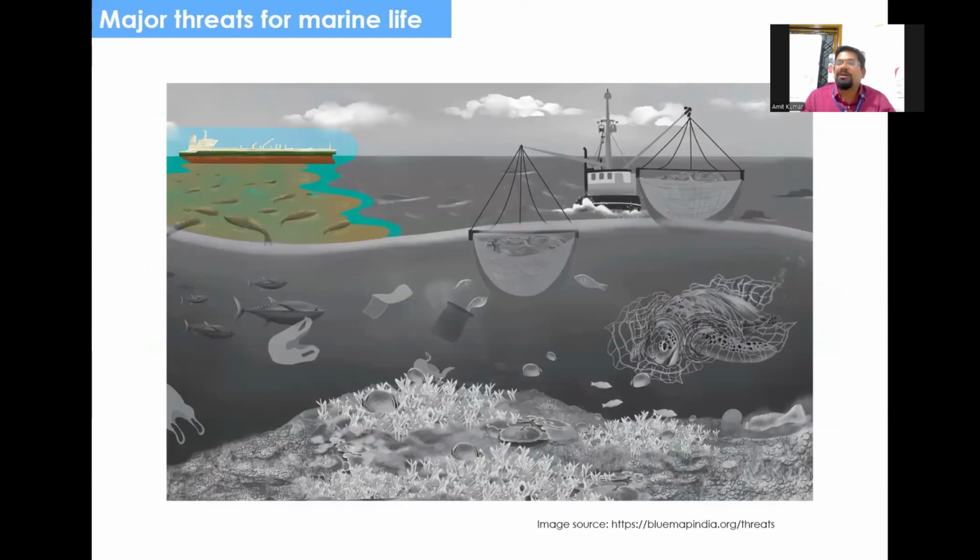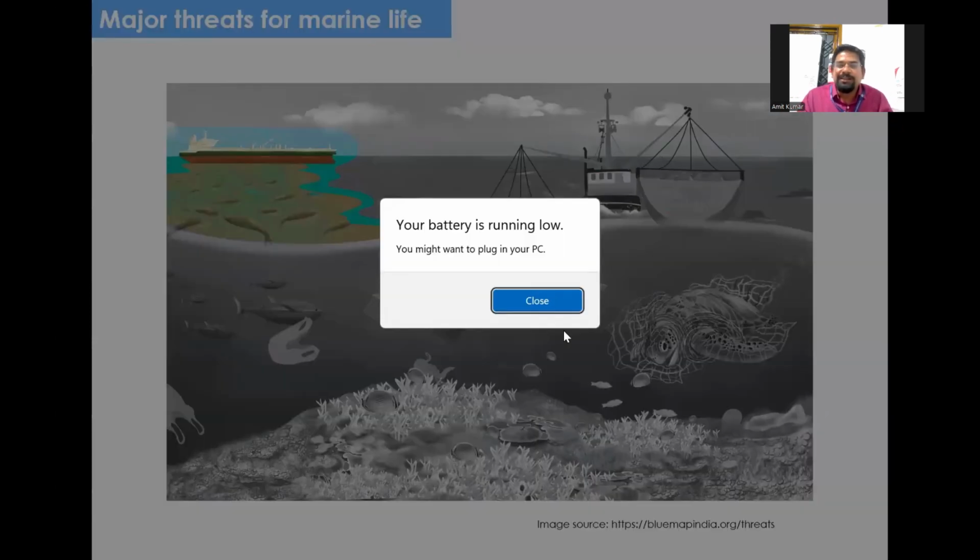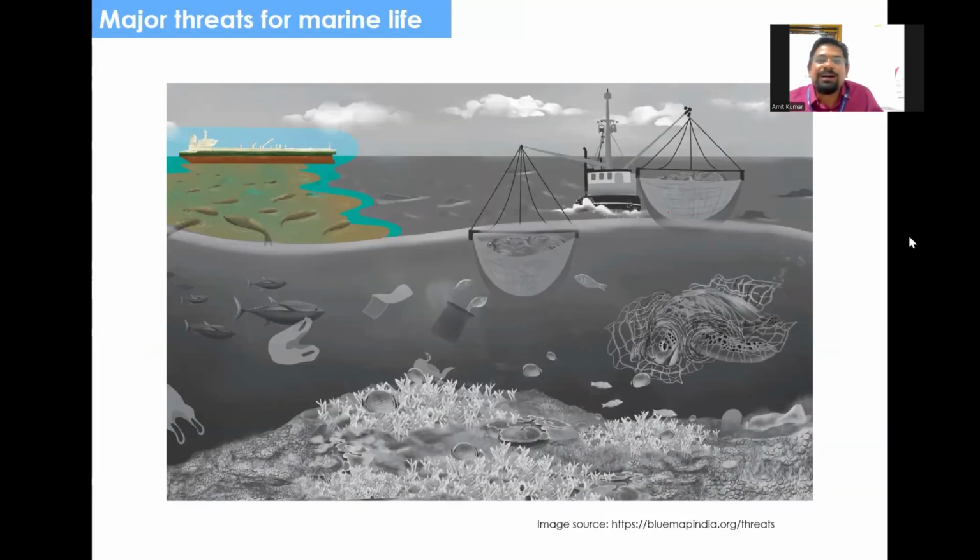Having said all the good and beautiful things about marine biodiversity in India, the Indian marine species are also facing the global challenge. They face threats because of overfishing, and very recently, last week, we saw the oil spill and the cargo ship that capsized off the coast of Kerala, which caused a huge biodiversity loss.